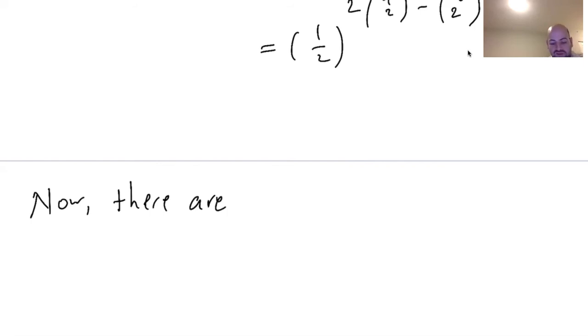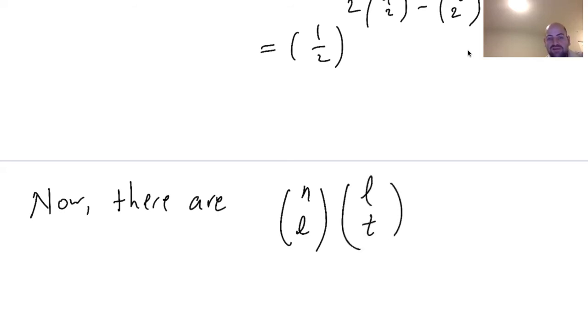So first of all, for AI, remember AI has L vertices out of N vertices in G of N and P. So first I have to choose L vertices out of N vertices. Now, once I choose my L vertices, I have to choose T of those L vertices to be common vertices between AI and AJ. So then I have to choose T vertices out of L vertices to be common vertices.